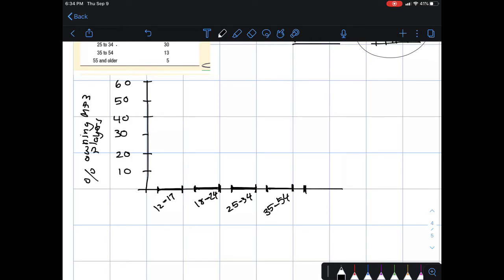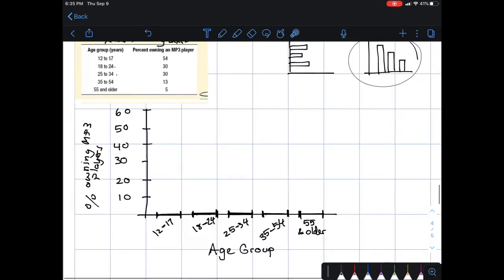And then I'm going to start here and go to here, and that's 55 and older. All right, great. This is my age group. It helps to use a ruler. It really does. And if you have graph paper, more the merrier. That's even better.